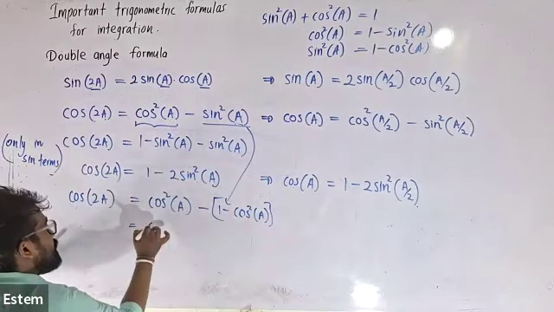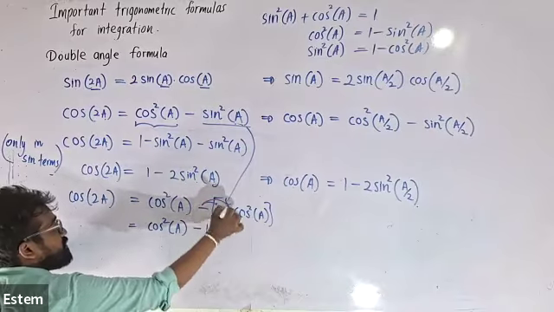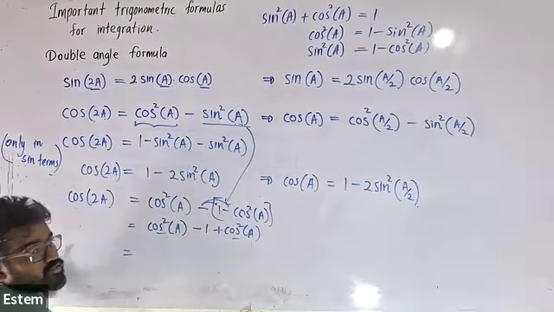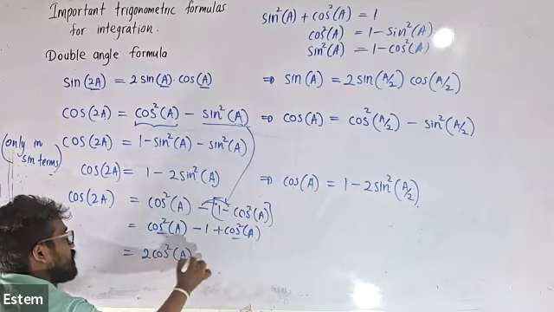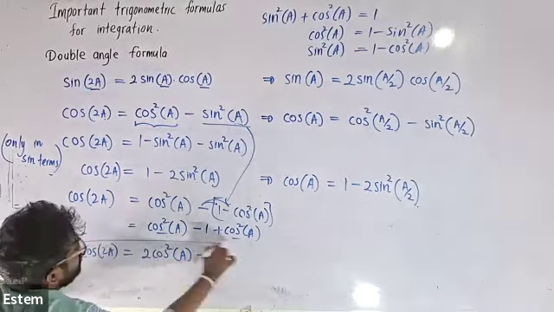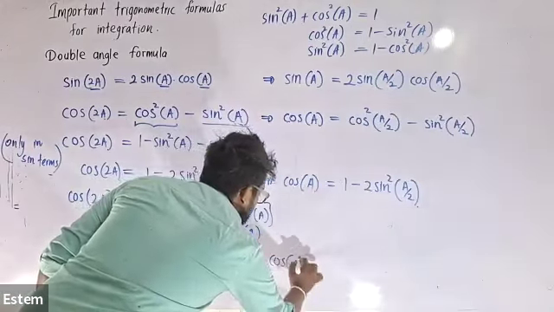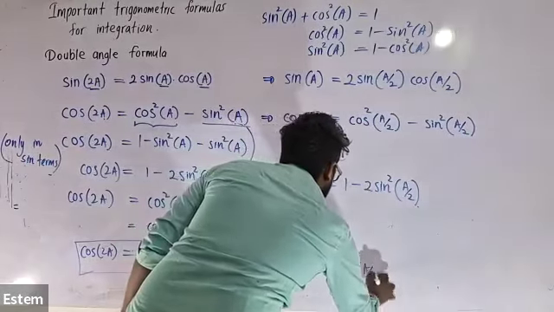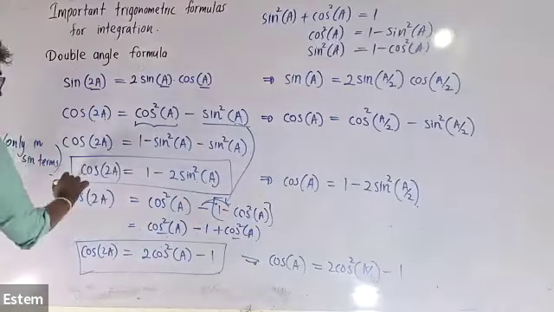So cos squared a minus sin squared a is cos squared a minus 1 plus cos squared a. This cos squared a and this cos squared a make 2 cos squared a, and here it is minus 1. So this is the third formula for cos 2a. If there is cos a, it is 2 cos squared a over 2 minus 1. So write these three formulas and highlight these things.